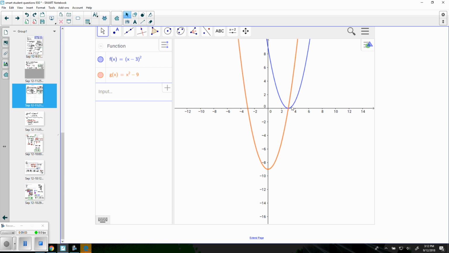So we see the multiplicity 2, this double solution of x equals 3 on the blue function, it bounces and it only touches the x-axis in that one spot. Just kind of interesting to think about. And some of this might be over your head, but when we get to functions later, maybe you'll remember some of this and it'll start to help you connect all the concepts into something more meaningful.